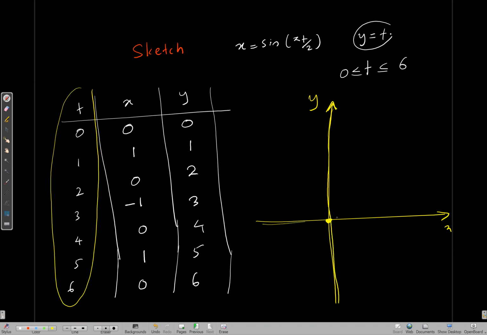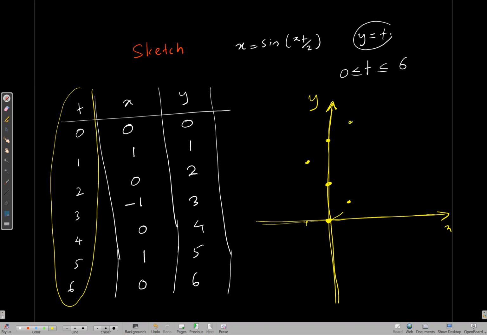The idea can be extended to space curves as well. Okay, so 0, 0, then 1, comma 1 somewhere here, then 0, comma 2 here, negative 1, comma 3, and then 0, comma 4, and then 1, comma 5.